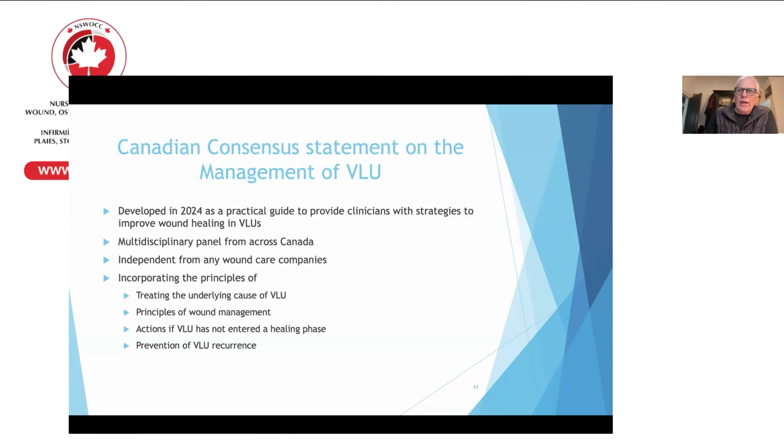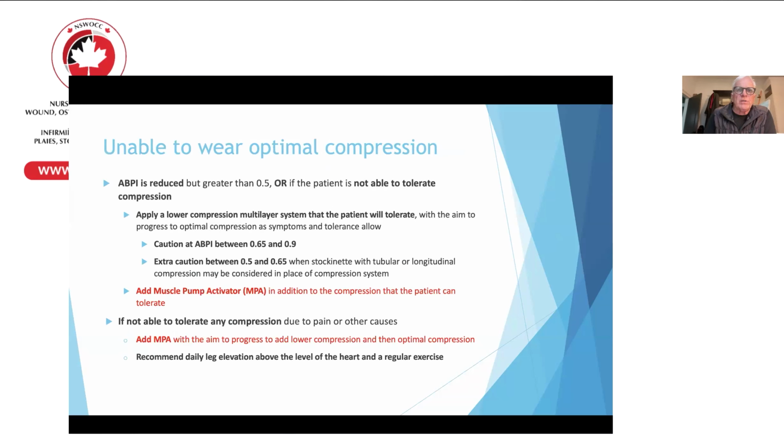So it was really looking at all elements, but part of what was incorporated in that was using the muscle pump activation device. And I'll just highlight for you a few areas where the muscle pump activation device really found its place in that consensus statement.